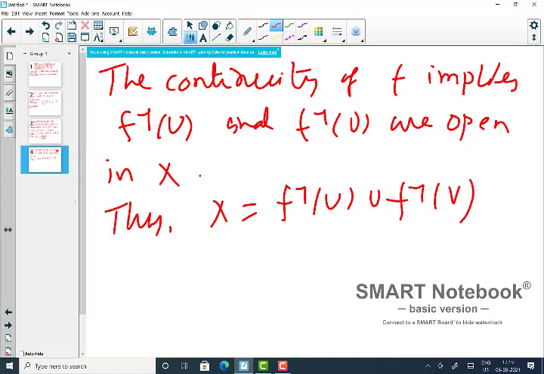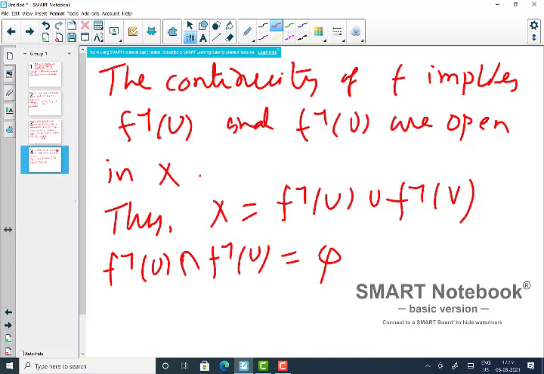Okay. So note that here f inverse of U intersection f inverse of V is empty, because if it is not empty, then a point would belong to U intersection V, and that is a contradiction because U intersection V is empty, right? And similarly they are open.